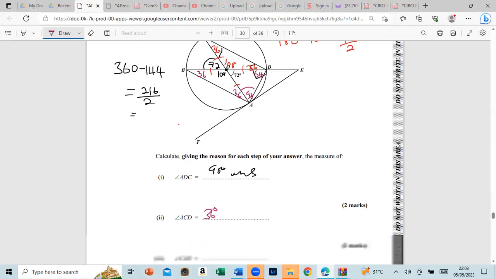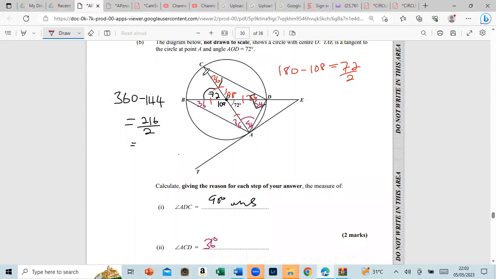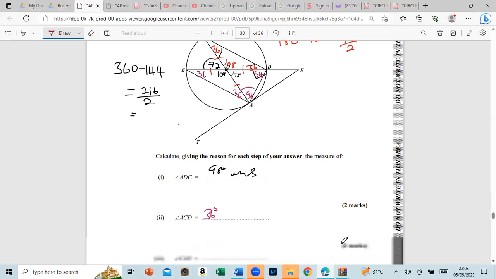So you put the rule. Alright, they ask for CAD. So we'll go back up and see what that is. CAD works out to 54, and you could give another reason: angles in a triangle add up to 180.